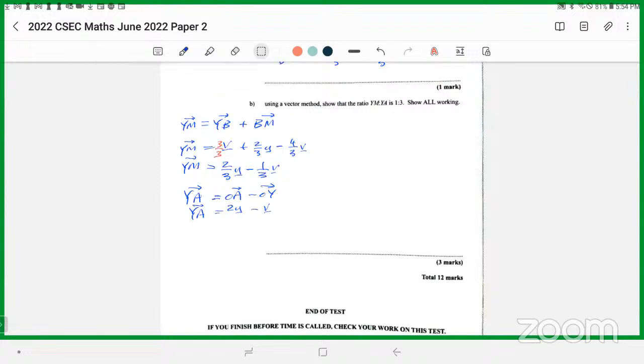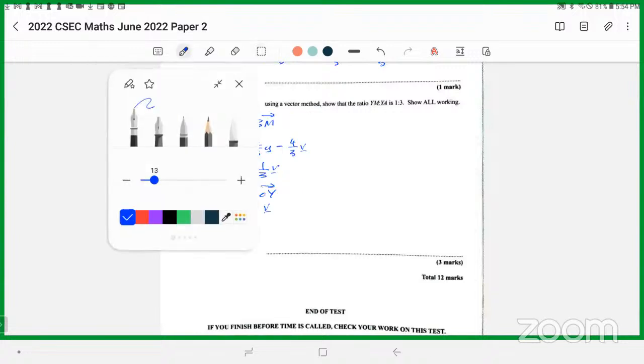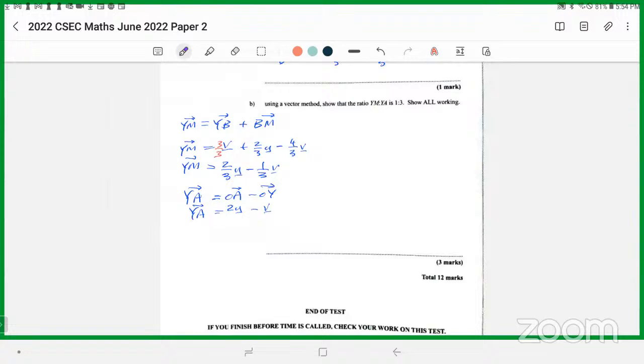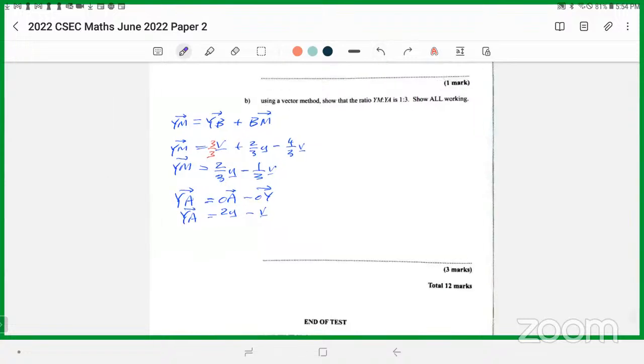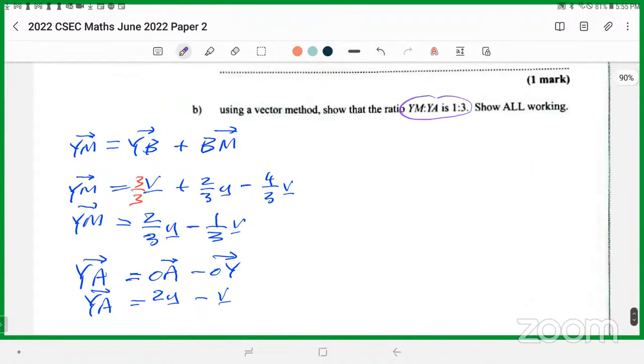All right, so let me show you. Let me put it in purple now and go back to what we said in class. You want to establish this. You see that this is the same as saying YM over YA is 1 over 3. And where does this come from?